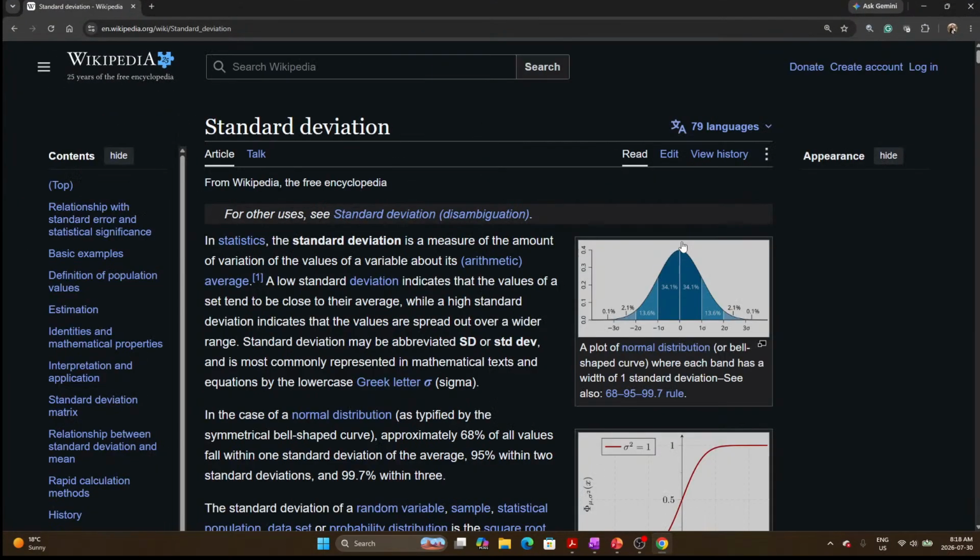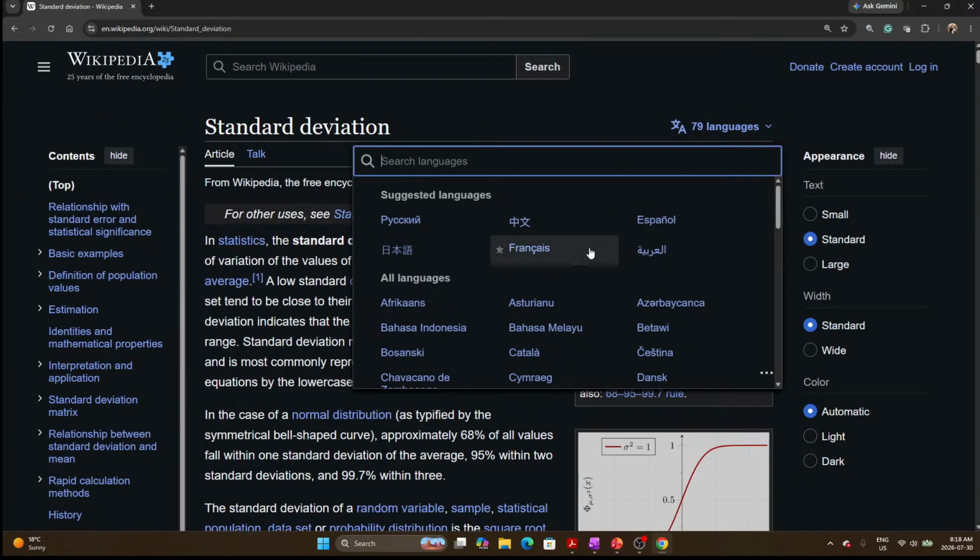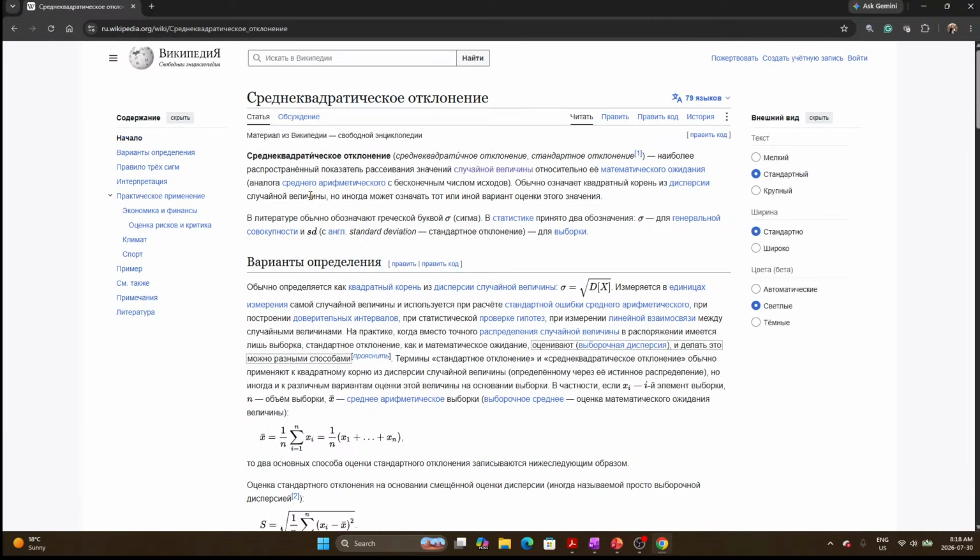Standard deviation in Russian, по-русски. Oh wow, what a monster word. Среднее квадратическое отклонение. My goodness.